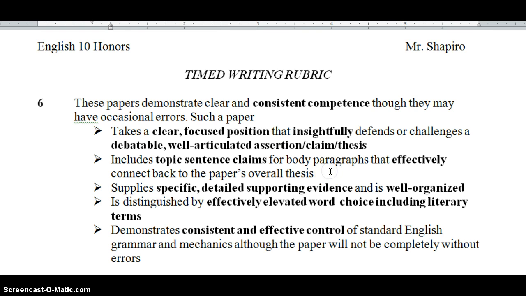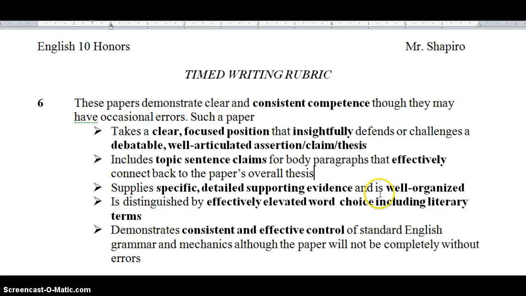For each body paragraph, as was mentioned in the former tutorial sent to you, you want your topic sentences to have claims rather than to be narration or description. If you have a precise, well-articulated thesis for the paper, you want your body paragraph topic sentences to connect back to that rather than just giving a plot detail.